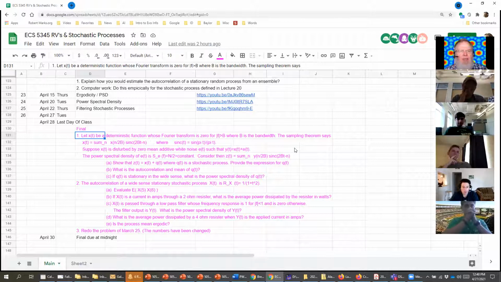So let x of t be a deterministic function whose Fourier transform is 0 for f greater than b, where b is the bandwidth. And this, of course, is referred to as a band-limited signal.